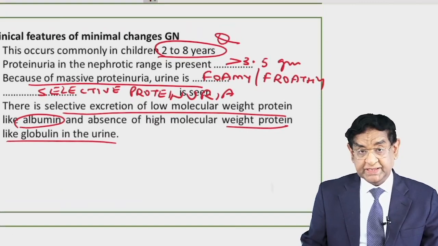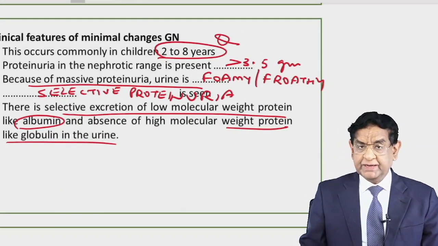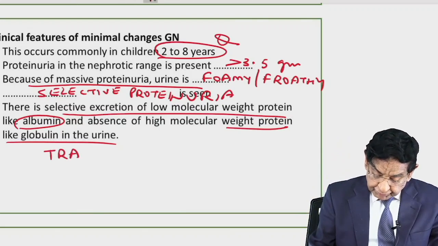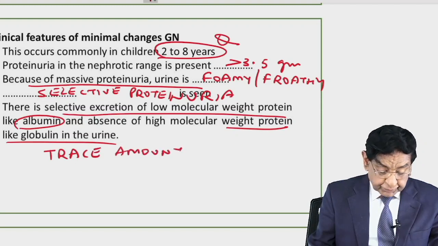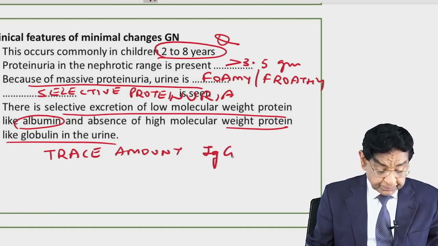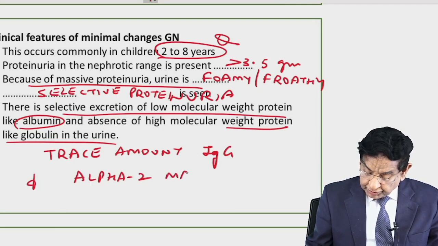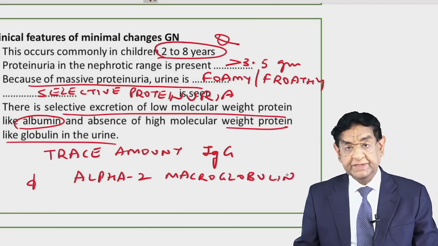But one more thing that most people are not aware of. Although when we talk about selective proteinuria it means albuminuria, very trace amounts of IgG and alpha 2 macroglobulin can also be there in the urine.